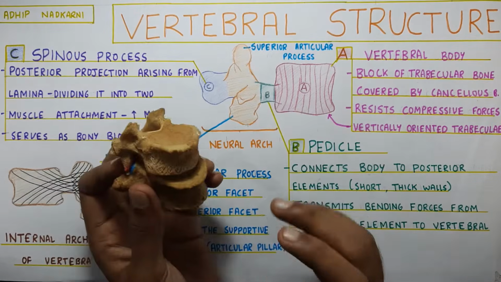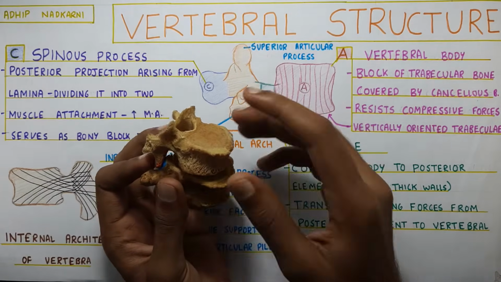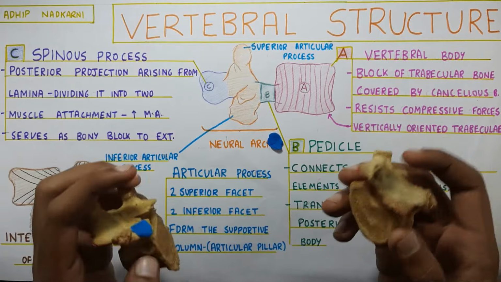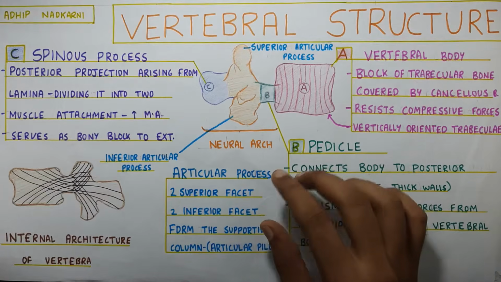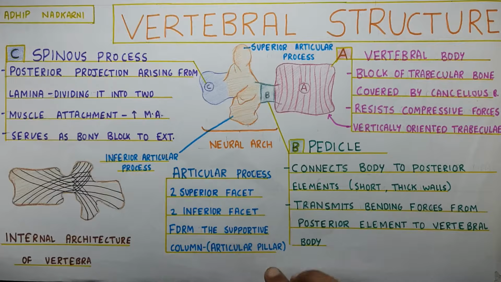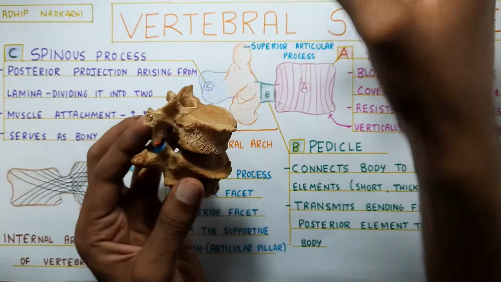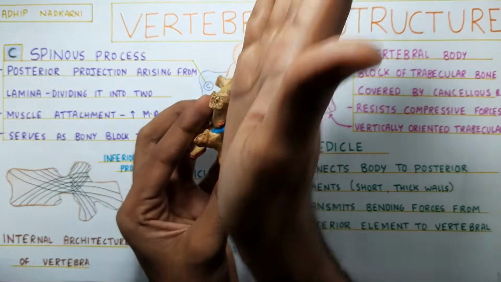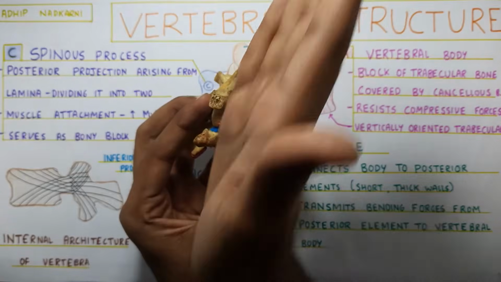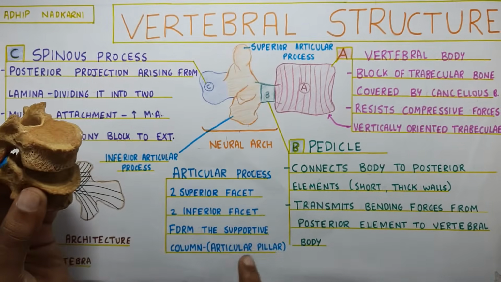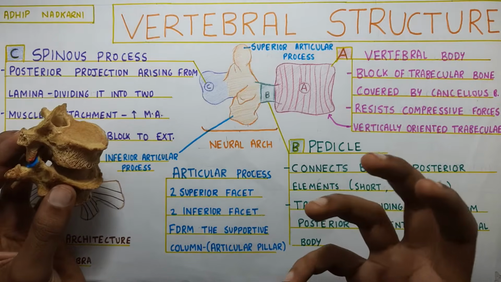This is how the articulation occurs at the spine, that is through facet joints. Now these articular processes form a supportive column, and this column is called the articular pillar. Basically, as they keep articulating one on top of the other and stacking, it forms a pillar through which the forces are nicely transmitted. So that is your articular pillar.